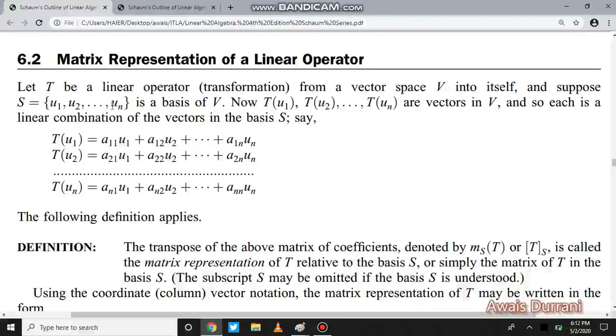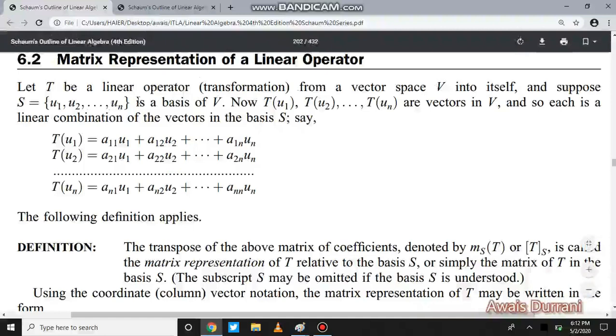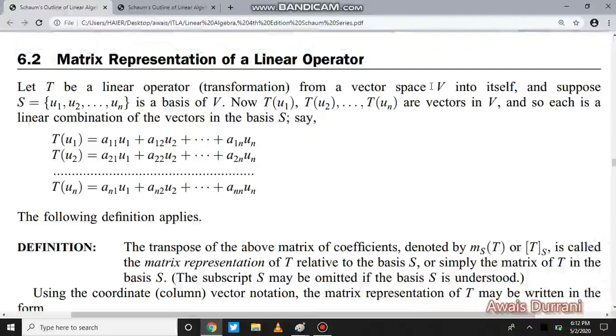So this makes a basis for the vector space V. And now, as every element of V is mapped into some other element in again the set V, the images of set V are also in V. This means that if U1, U2 up to UN are different elements from the set V, then T of U1 is also in V, T of U2 is also in V, up to T of UN, all are again in V, because T is a self mapping.